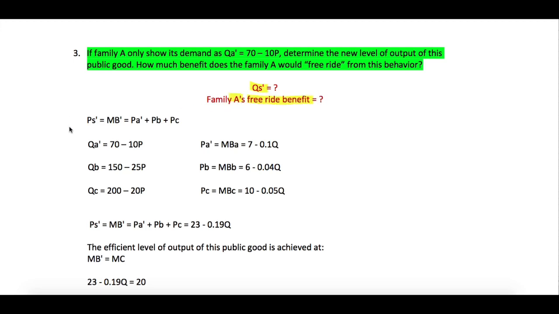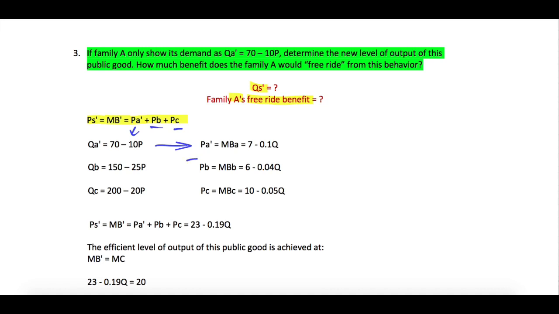We need to determine the new demand curve for this public good when family A becomes a free rider, so we call it MB' equal to PA' plus PB plus PC. PB and PC are the same, so we need to determine PA'. From QA', you can determine PA' equal to 7 minus 0.1Q.